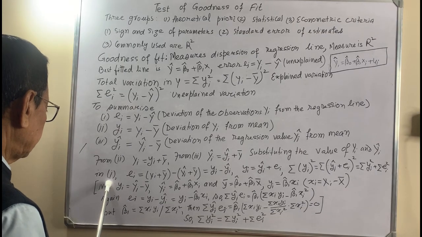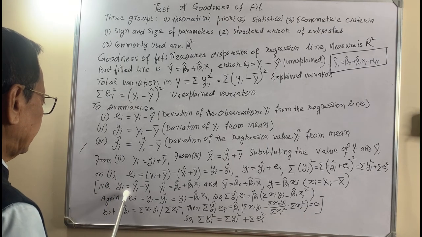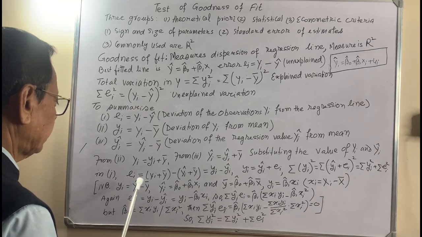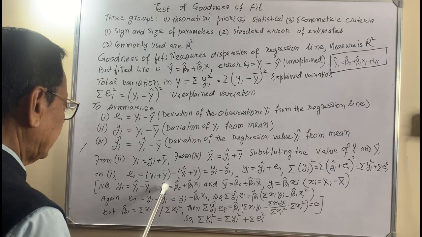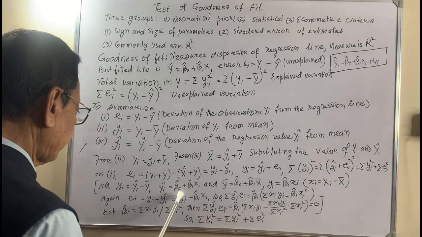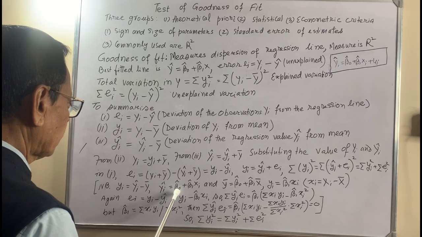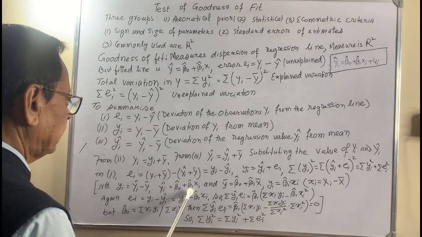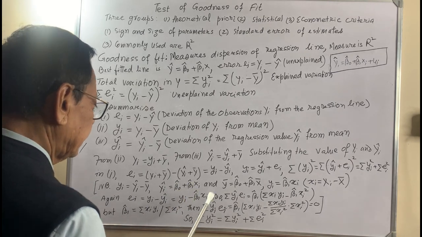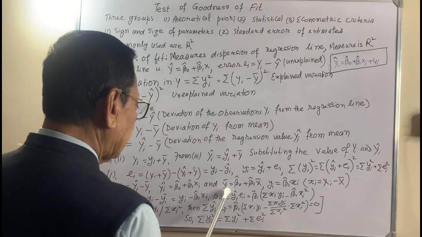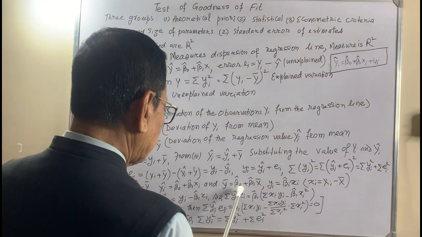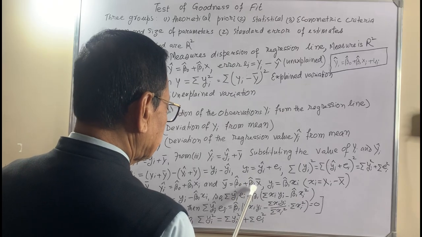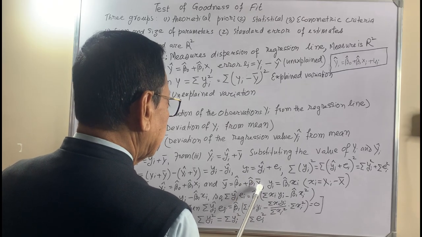Now, just a hint: y_i estimated is equal to Y_i estimated minus Y bar. Then Y_i estimated is equal to beta naught estimated, the intercept, plus beta 1 estimated X_i, and Y bar is equal to beta naught estimated plus beta 1 estimated X bar.